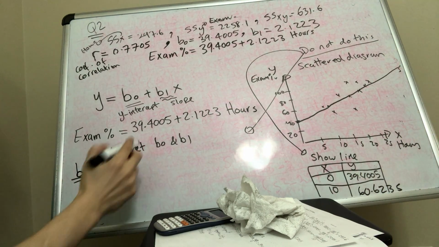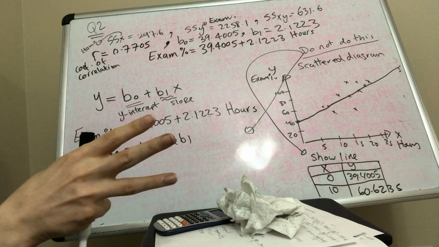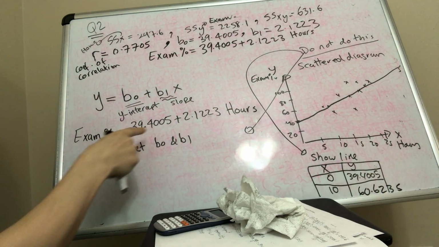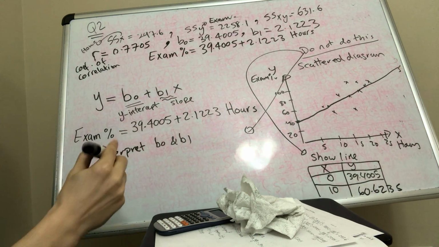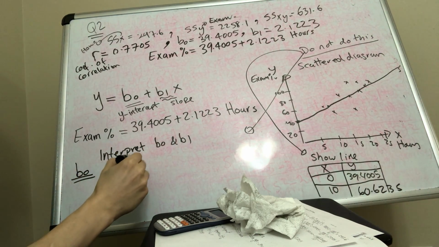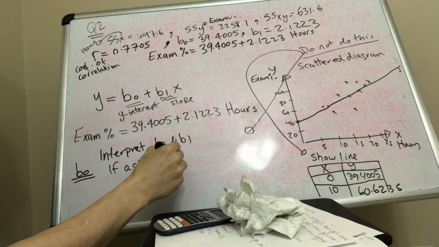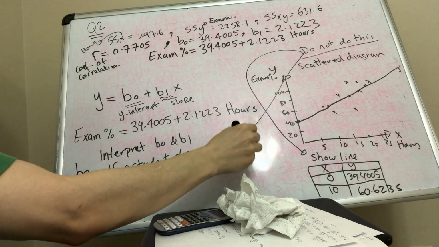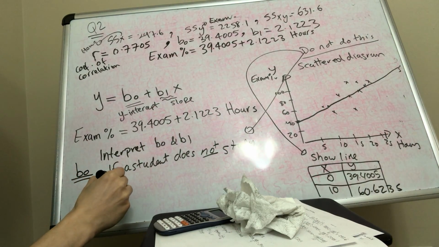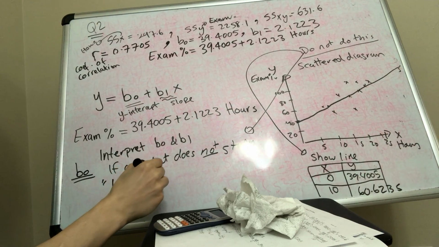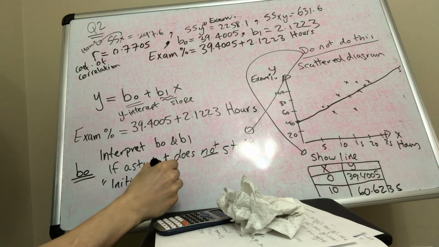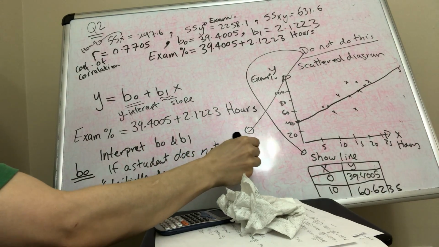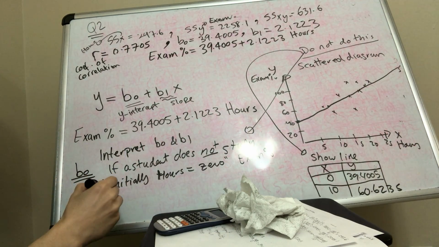B0 means that initially, when number of hours is 0, the exam percentage is 39. So if the student does a study, or basically when initially hours equals 0, then exam percentage is 39.